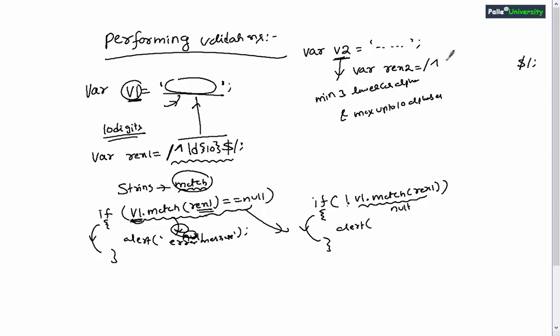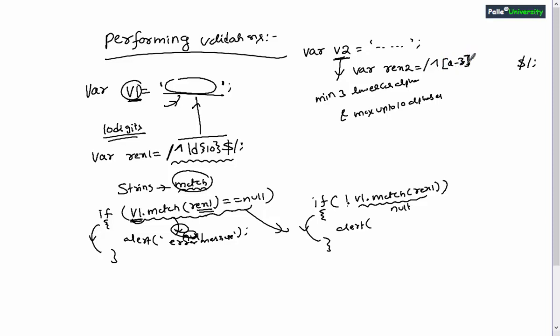So if you want to check whether a variable is having a to z characters or not, lowercase a to z, because I want to check the variable's content is present in lowercase format or not, obviously I will be using square bracket and a to z. This is called as range checking, right?